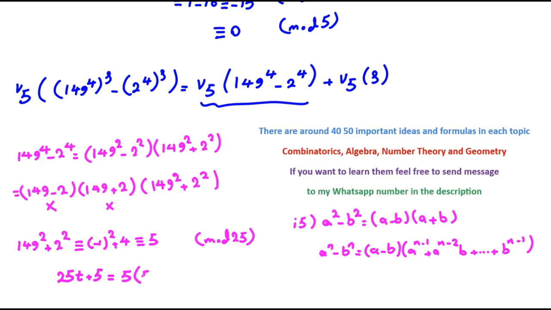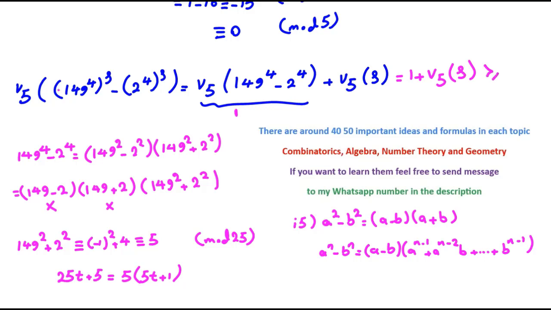If we factor out 5, it will be 5 times (5t plus 1). So the power of 5 will be 1. Okay, so here the power of 5 will be 1. Now you can also calculate 149 to the 4 minus 2 to the 4 and divide it by 5. Then you will see that the number left is not a multiple of 5. So it's 1 plus v5 of s.